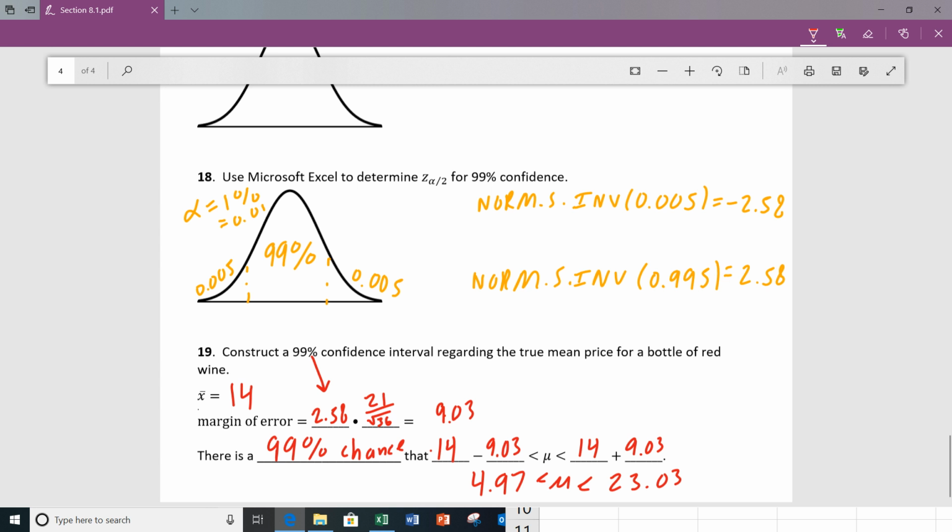Exactly, because we want this standard deviation, I don't want that. Oh, original population right here. Oh, okay.